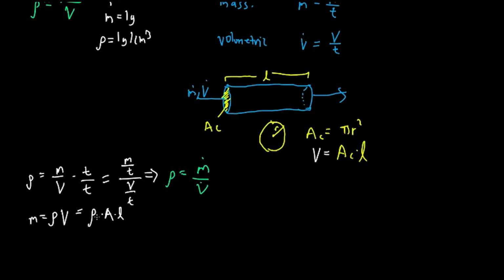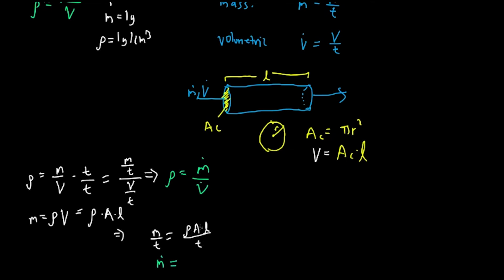Now what happens if I divide both sides by t? So let's rewrite that here. If I have m over t, I'm going to divide this entire thing, rho A L, by t. Well, we know that m over t is m dot, and we know rho A L over t.